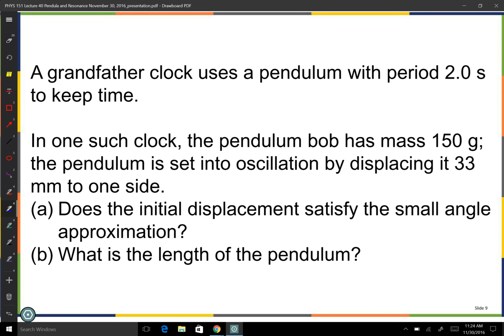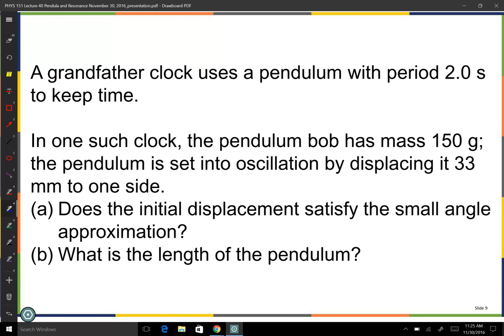And then those masses slowly fall and keep the pendulum swinging back and forth. So they transfer that potential energy into kinetic energy of the pendulum. So that's how they work. How do they keep time? They keep time because they use the length of the pendulum to get the period they need to keep time.